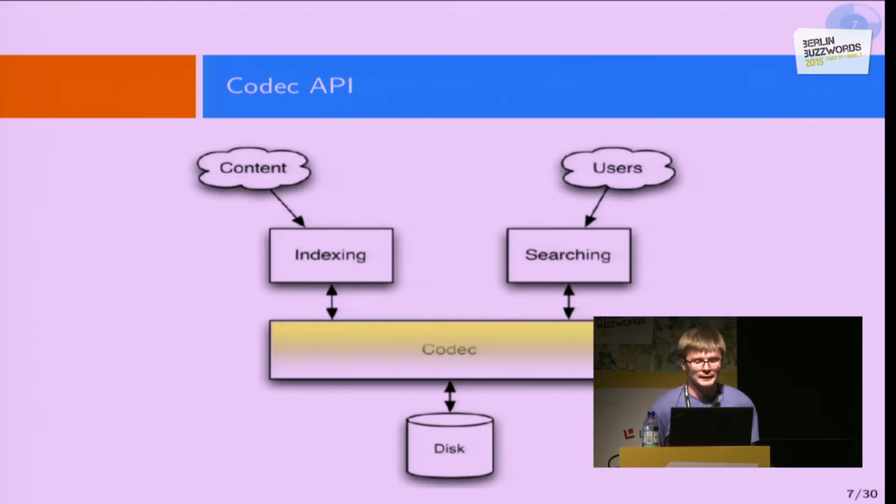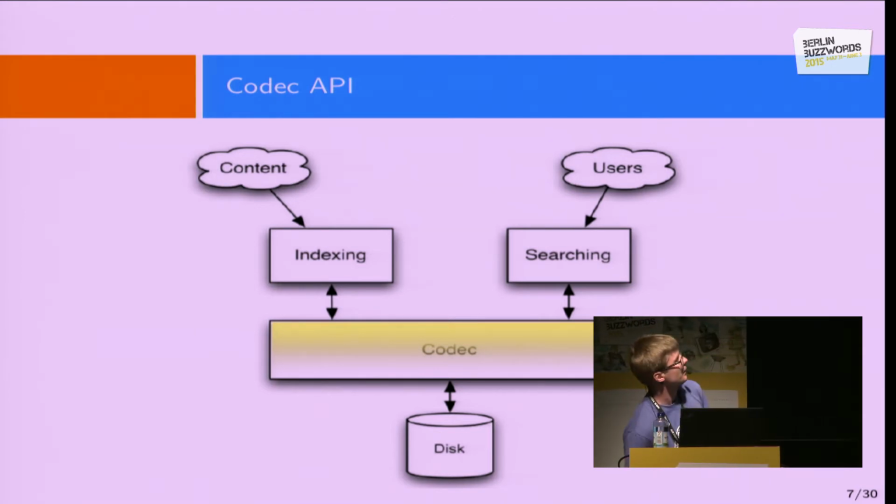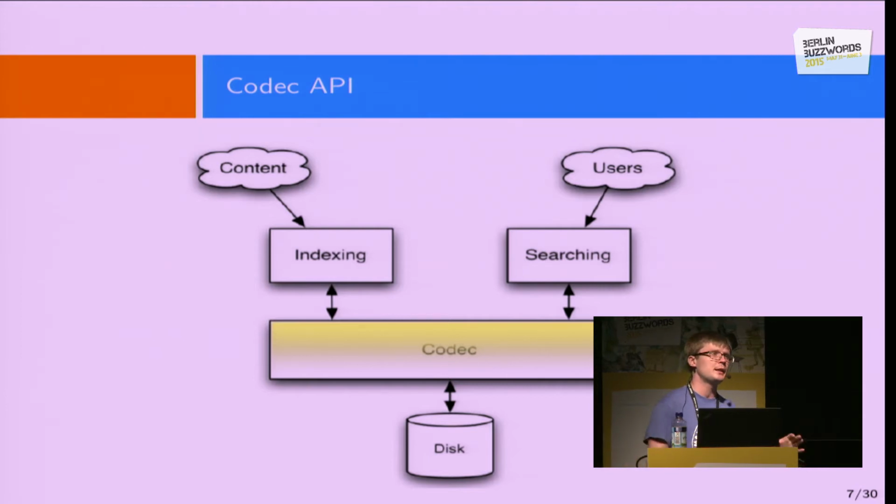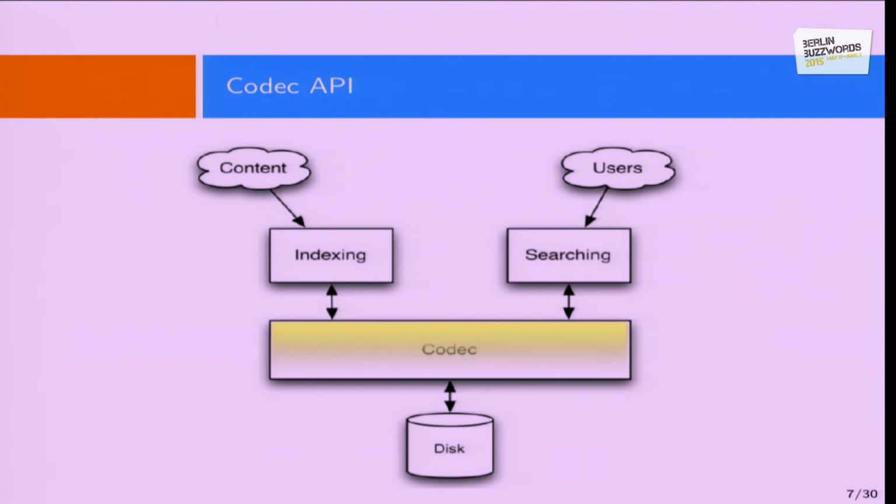For this purpose, since Lucene 4.0, there is a special layer named Codec. It completely separates index and search logic from storage. So if you want to read something from the index or search something, you have to call the Codec API.